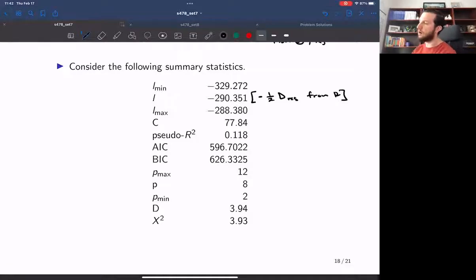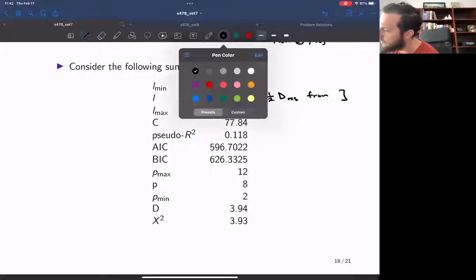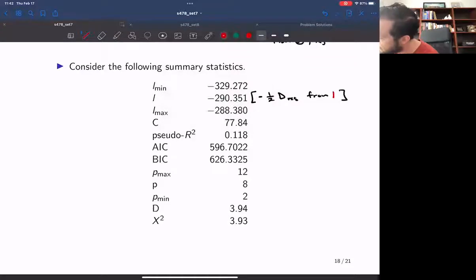Okay. So in R, when you use the multinom function, which we talked about yesterday, and then you compute the summary statistic, I just want this to be very clear. So this is from R, the programming language.